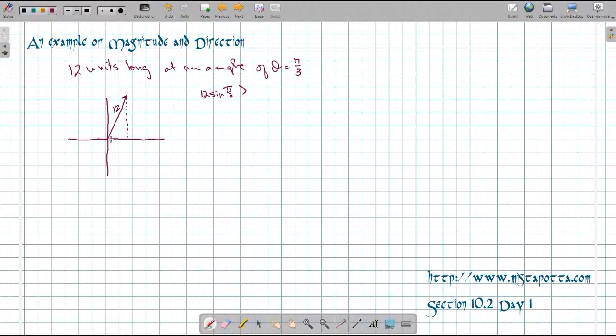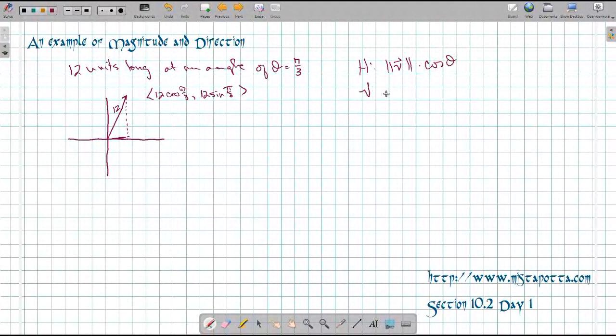And my horizontal component, because that's the x component, is going to be 12 times the cosine of pi over 3. And so when I'm looking at this, my horizontal component is going to be equal to my magnitude times the cosine of theta.